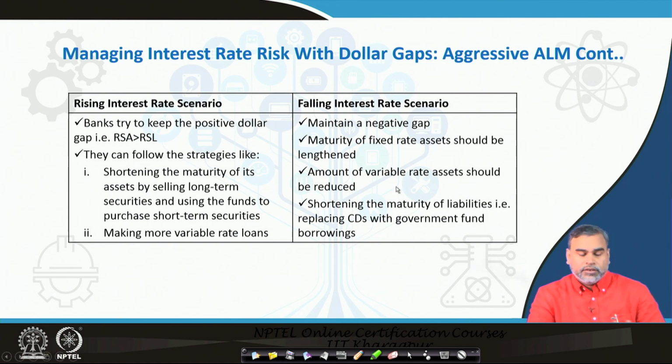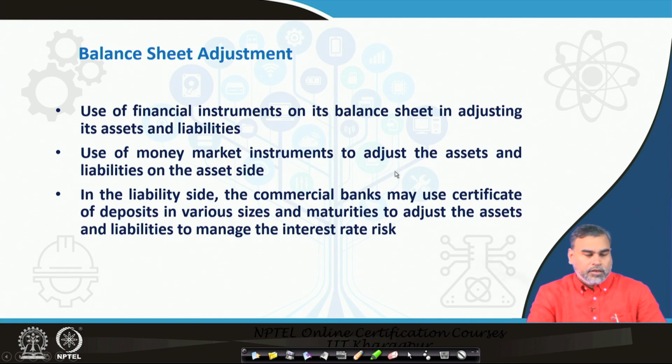So, these are some of the basic strategies the commercial banks can adopt in different interest rate scenarios, provided they are able to predict the direction of the interest rate very accurately. If the prediction is really accurate, then this kind of strategy may help the commercial bank to increase the net interest income at that particular point of time.